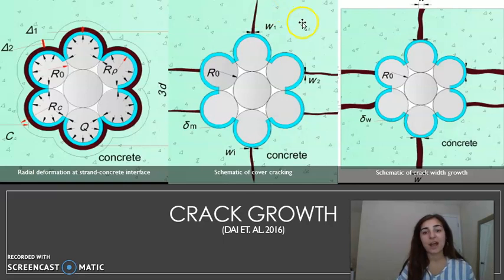After the micro crack formation, corrosion products can continue to build up around the strand, leading to expansive pressure-induced cover cracking. With further corrosion, this crack can propagate all the way up to the surface, producing a visible crack. This is normally when any repair and maintenance would be performed.